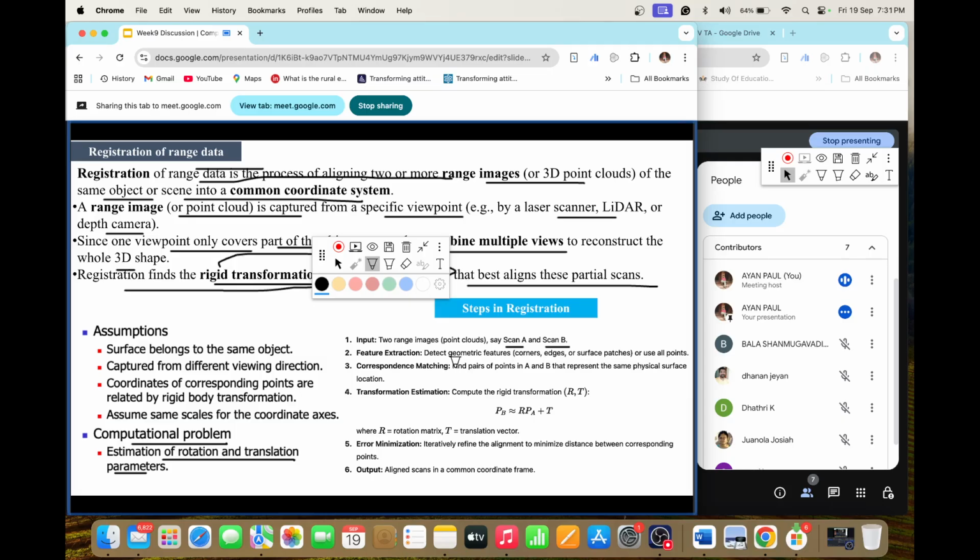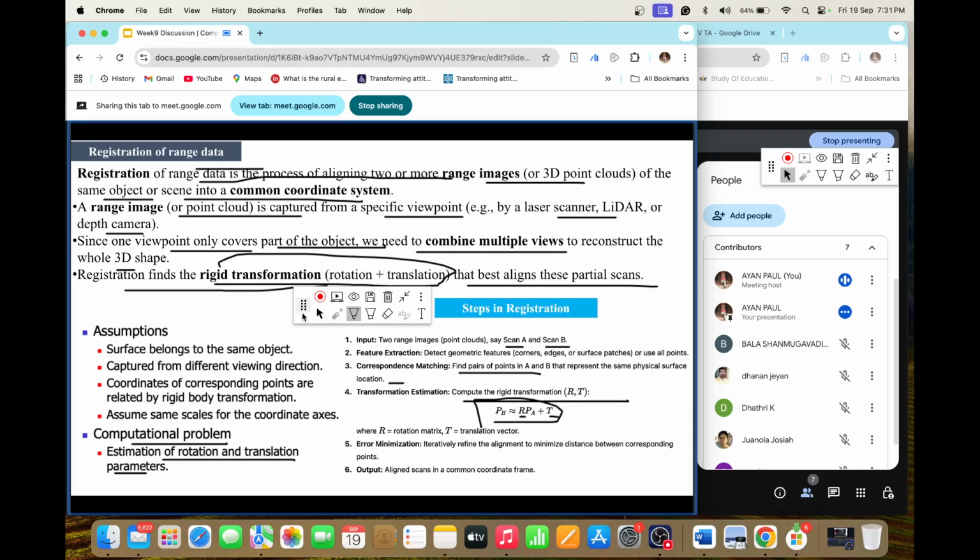So this A and B represent the same physical surface location. To compute the rigid transformation from scan A to scan B, we have to do this transformation: rotation and translation. Because a rigid transformation is a two-step process, one is rotation and second is translation.